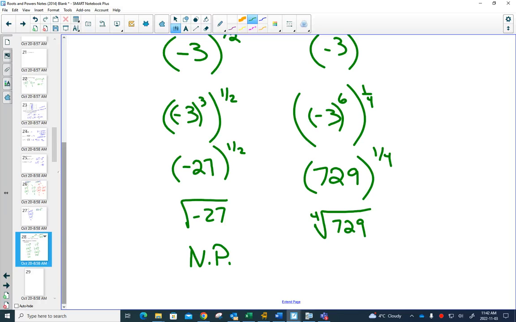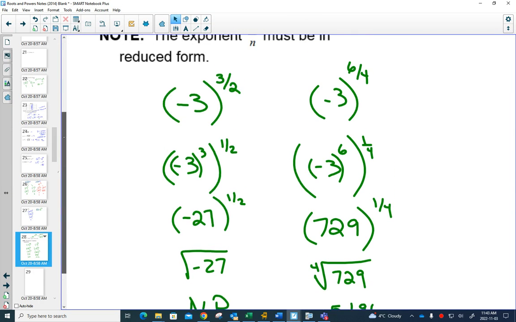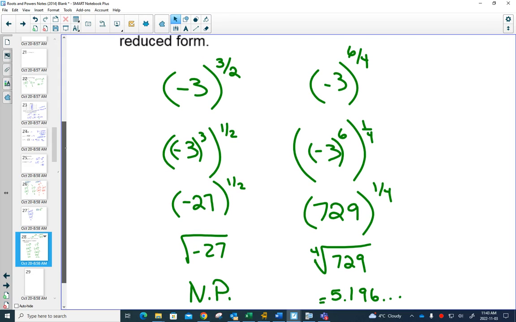But what if I do this in my calculator? I get a number. Well, what happened? I thought we started with the same thing. This one's impossible. This one's possible. What happened?